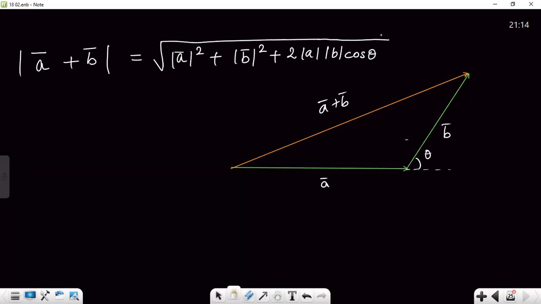First, you just need to memorize this formula: that the magnitude of A vector plus B vector will be given by this form when you have the magnitudes of A vector, B vector, and the angle between them. Any doubts? No, sir.